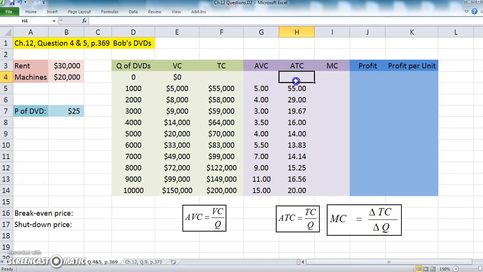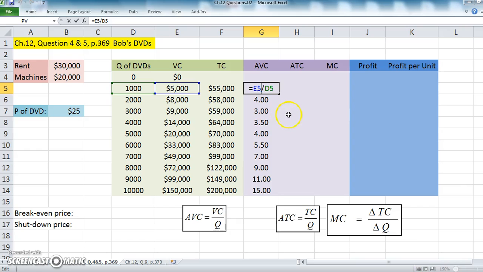So what we could have done, actually delete this, is take our average variable cost calculation and tell it to keep on using the quantities when we calculate the average total cost. We know that the average total cost is total cost divided by quantity, and we did the total cost here.